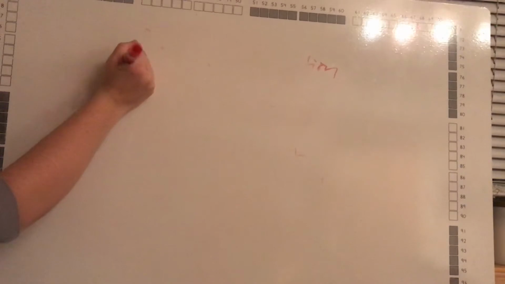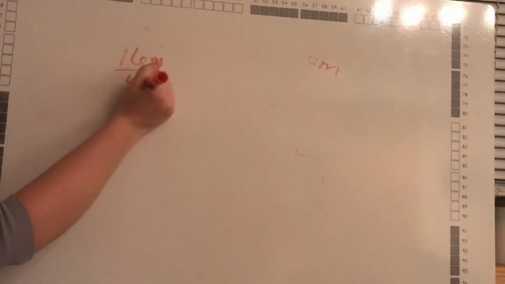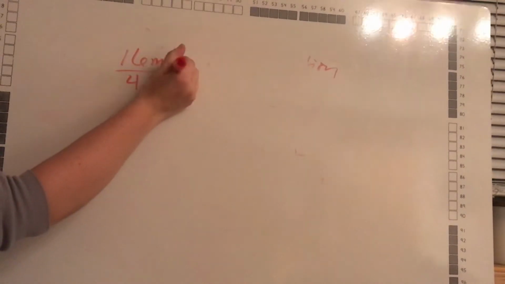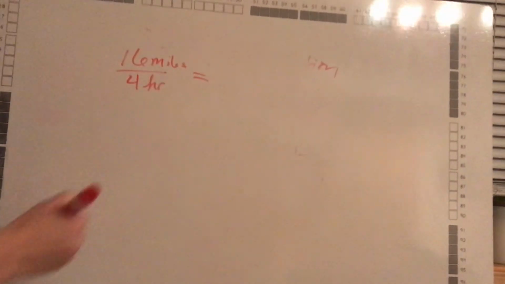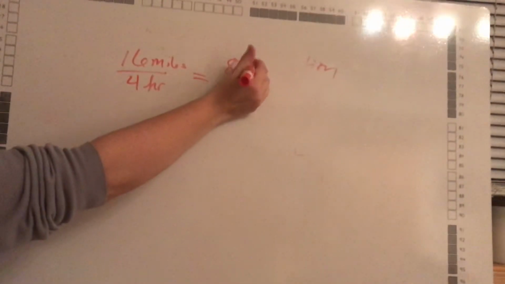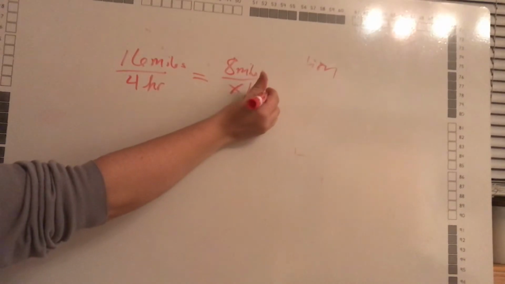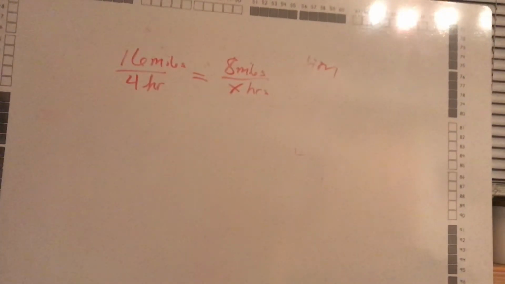We have 16 miles per 4 hours, and that's going to equal 8 miles in X hours. Okay, so we don't know what X equals.